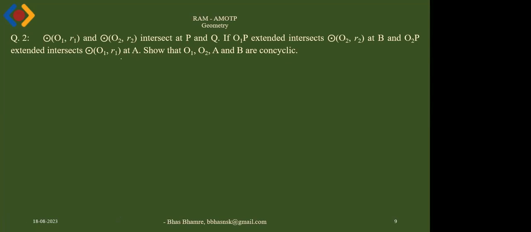So this is the question. It is read as: circle with center O1 and radius R1, and circle with center O2 and radius R2 intersect at P and Q. If O1P extended intersects the circle with center O2 and radius R2 at B, and O2P extended intersects the circle with center O1 and radius R1 at A, then we need to show that O1, O2, A and B are concyclic.